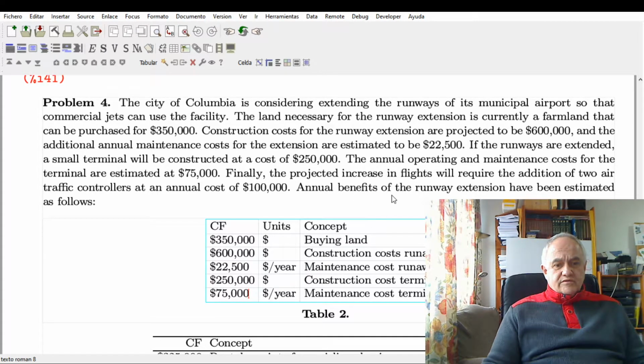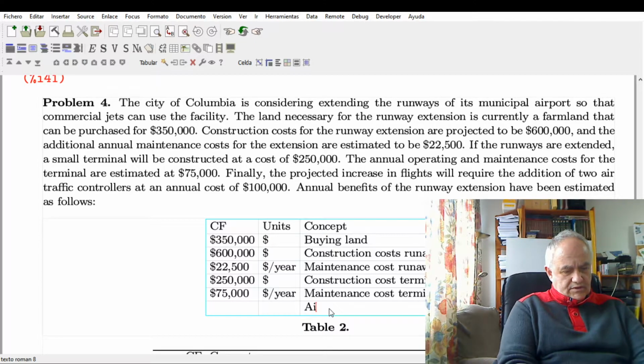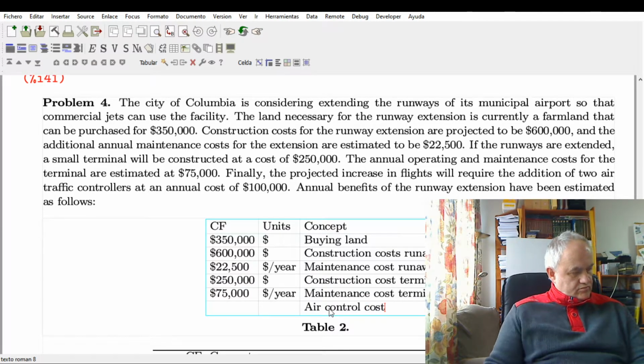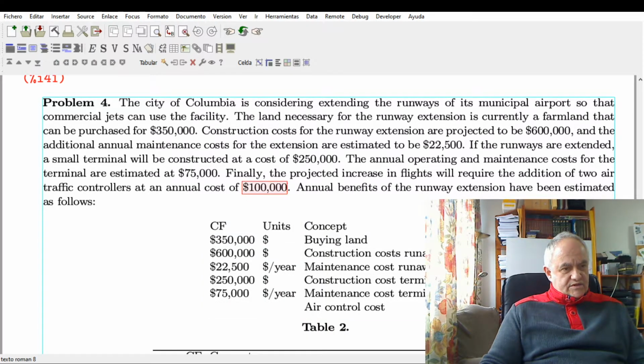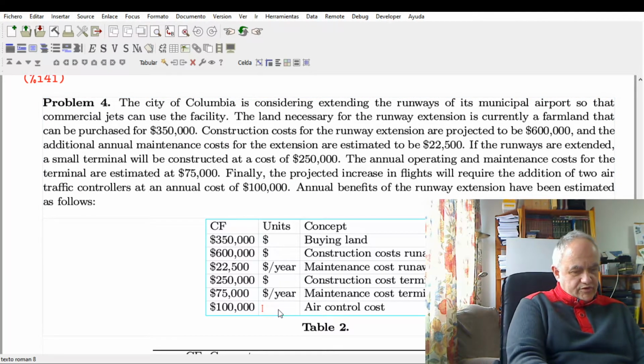Finally, the project increasing flights will require the addition of 2 air controllers at an annual cost. Air control cost. This is again dollar per year.